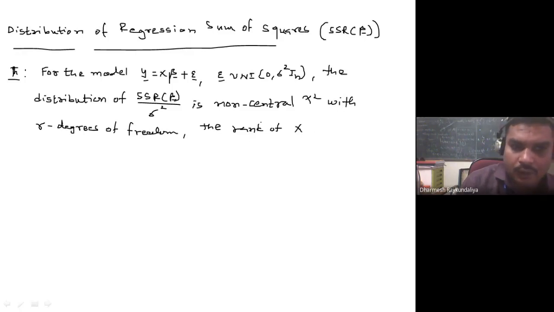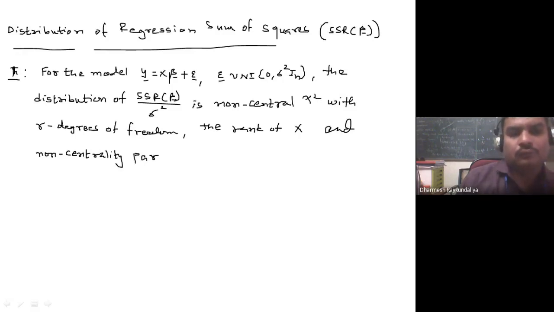Chi-square with r degrees of freedom, the rank of X, and the non-centrality parameter β' S β upon σ².